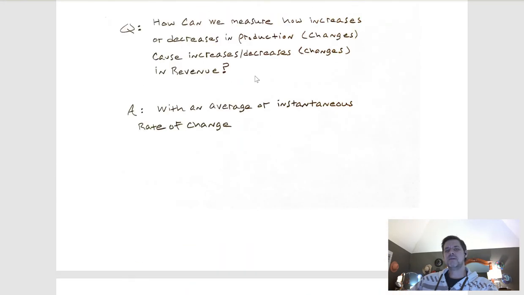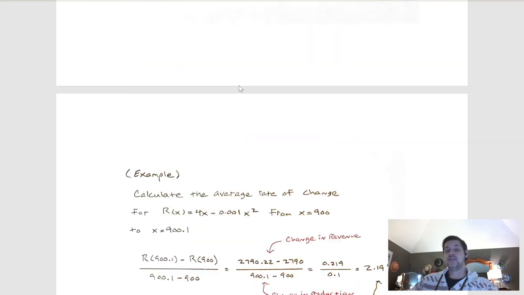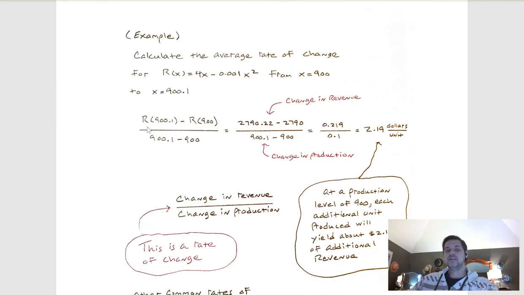We're talking about an average rate of change. Do you see how this is change? If this is the revenue at this level of production, and this is the revenue at this level of production, then you subtract them. That's the change from one to the other, right?